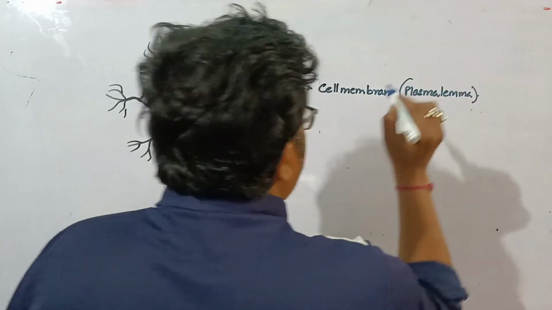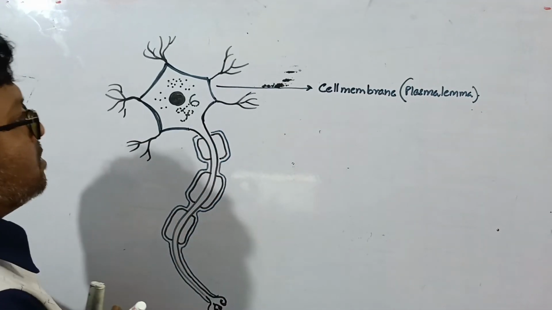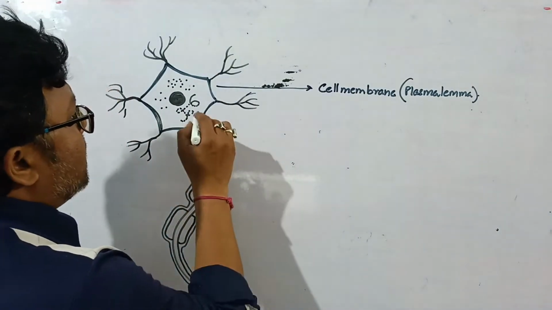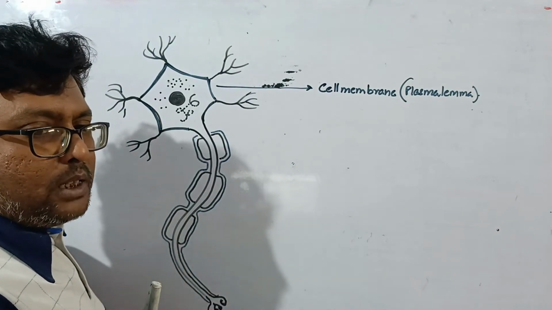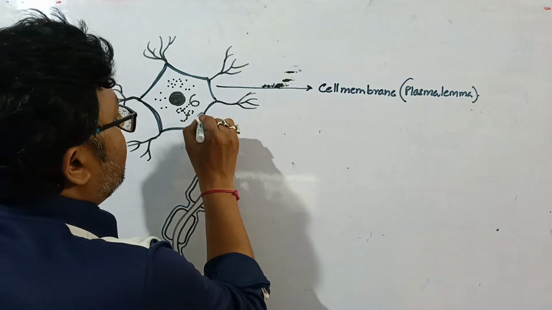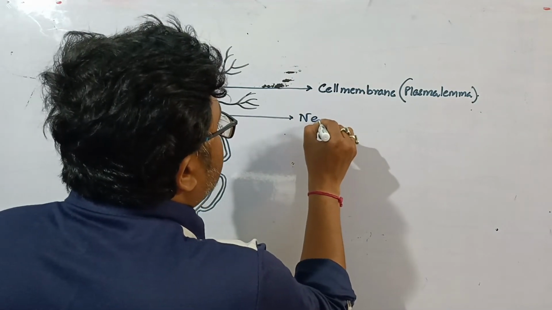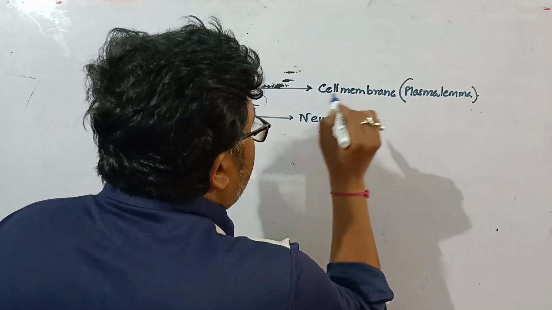So the outer covering is the cell membrane, or plasma lemma. Now this cell membrane generally covers the cytoplasm of the cell body. Now this cytoplasm is known as neuroplasm, since it is found within the neuron.